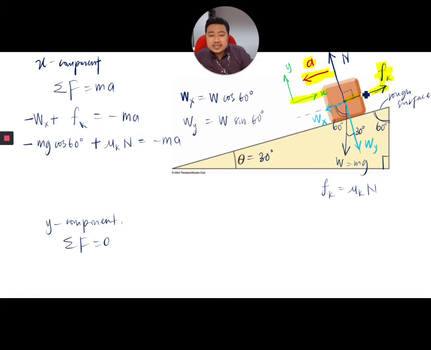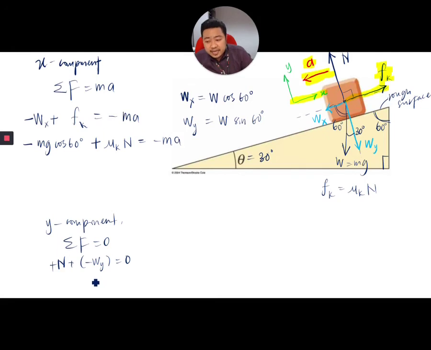And in this case, we have two forces acting on the y-axis. The first is the normal. Normal is positive because it is in the upward direction, the same as the positive y direction, and then it is added with negative wy is equal to 0.